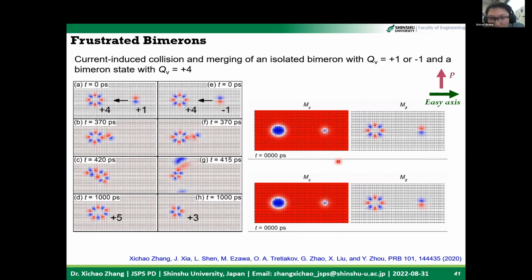This is another question I cannot give you a perfect answer to, because I don't work on experiments. But from the viewpoint of theoretical simulations, if you want a high-Q, high skyrmion number texture, such a texture should be a metastable or stable state in the system. But there is a basic rule that the energy of the skyrmion texture increases with the skyrmion number.